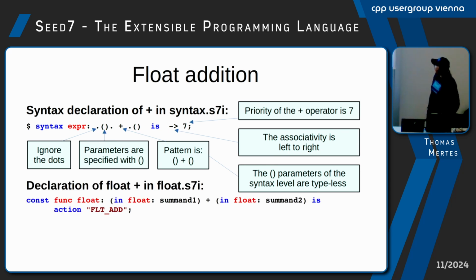And now to the definition of the semantics of float. So we have a function with a result float. There are two parameters, summand1 and summand2, and both are float.